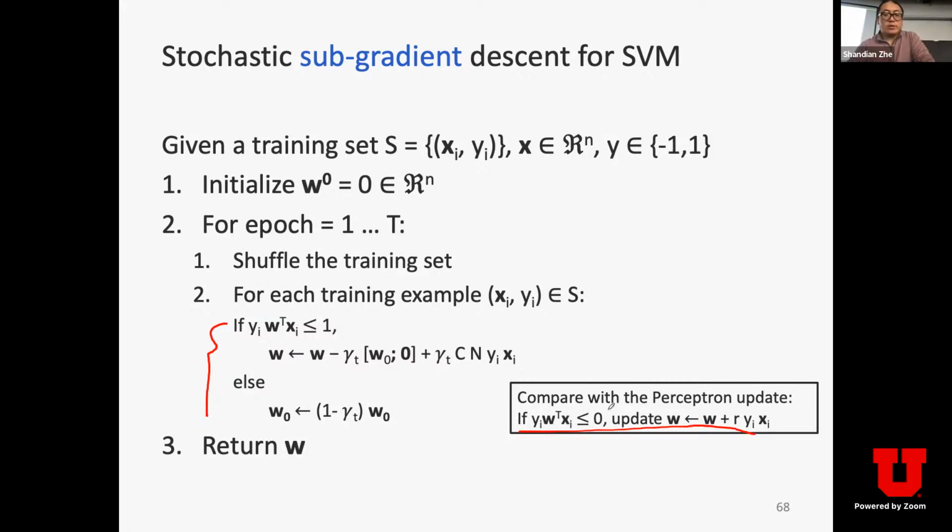If it's less than or equal to 0, we know that it makes a mistake. Then I follow my perceptron rule to update w. If it is bigger than 0, that means you make a correct prediction, and you don't need to update anything. In other words, you can view it like your stochastic gradient is simply 0, right?